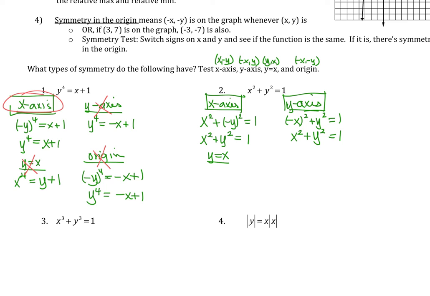Next, we test out y equals x. So I will plug in y for x and x for y. Because I can do addition in whatever order I want, I can rearrange these, and it's exactly what I started with. So we have symmetry in the line y equals x.